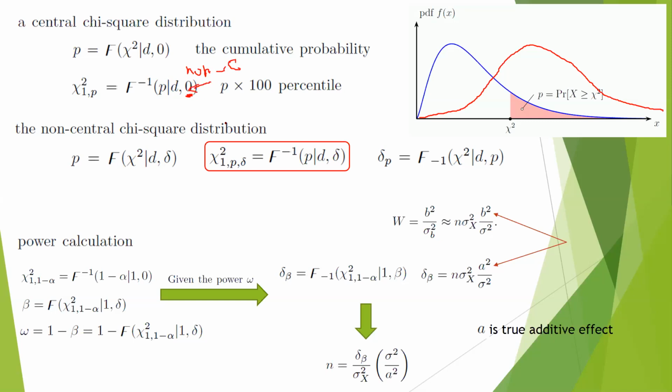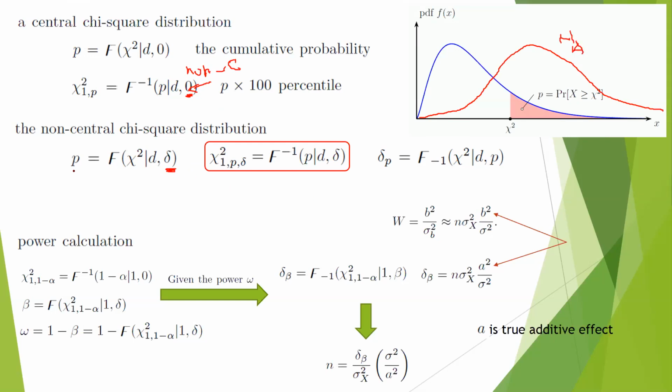That's the central chi-square distribution, the null distribution. And for the alternative distribution, this parameter is not equal to 0. It's something other than 0. For example, this will push the distribution towards the right. This is the alternative hypothesis.